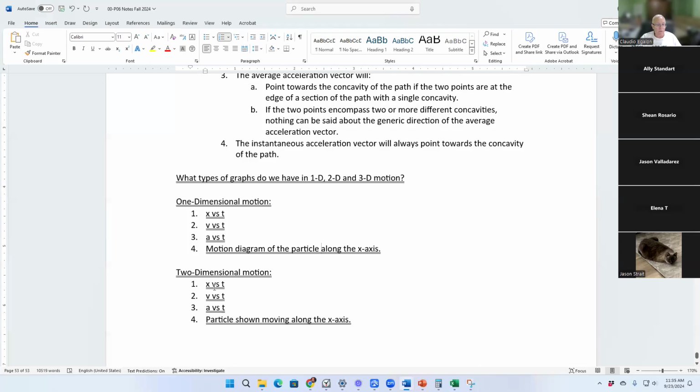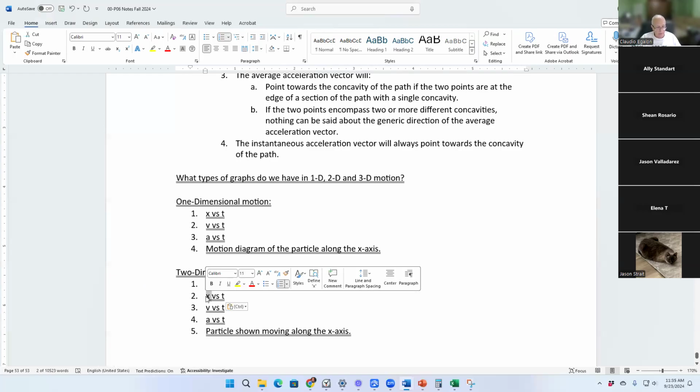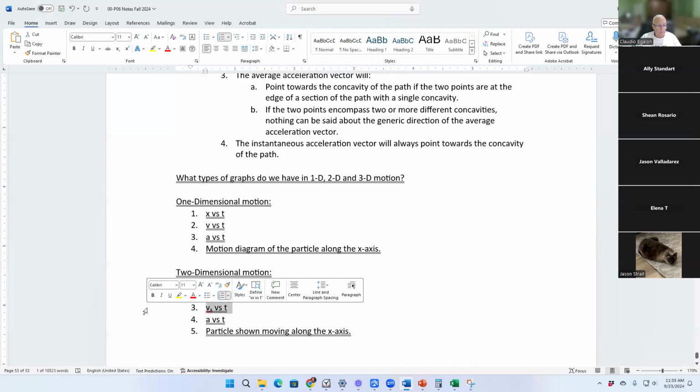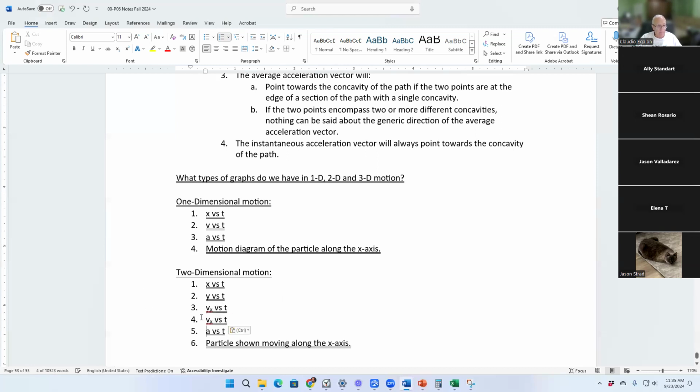What about two-dimensional motion? Two-dimensional motion, we're going to have x versus t, y versus t, vx versus t, vy versus t, ax versus t, ay versus t.